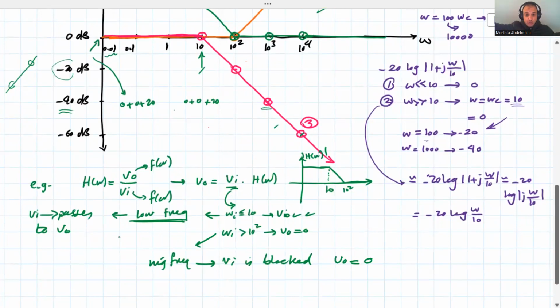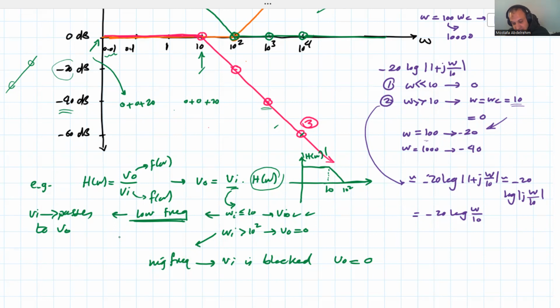Nothing goes to the output. Nothing is transferred. Remember, this is called the transfer function. It transfers something in the input to something in the output. So V out was blocked. Nothing goes to the output. If you measure the output, the amplitude will be 0. Zero voltage.